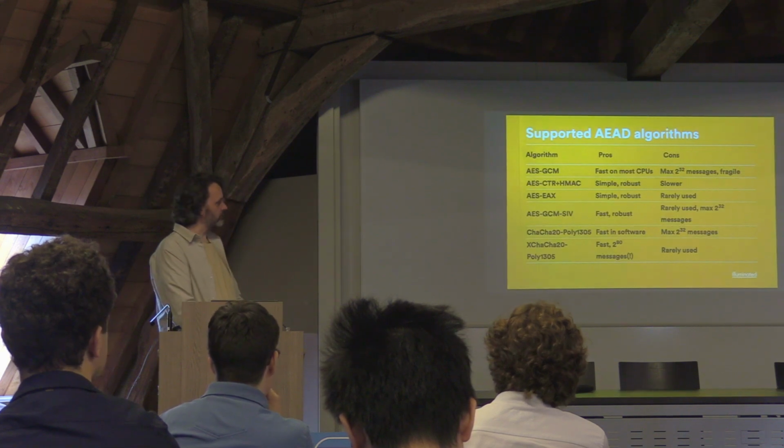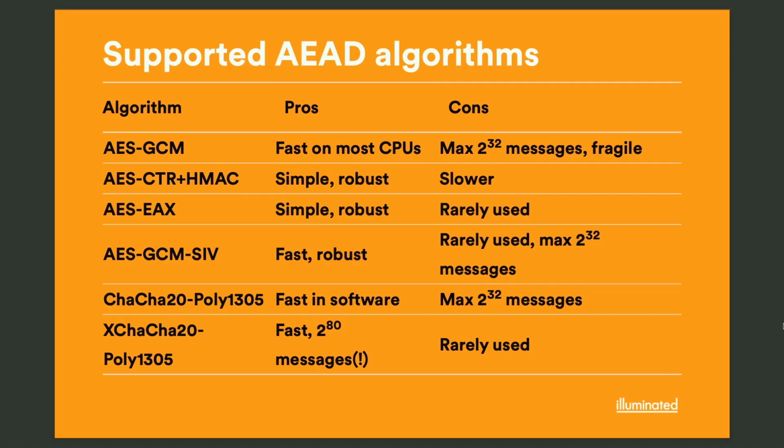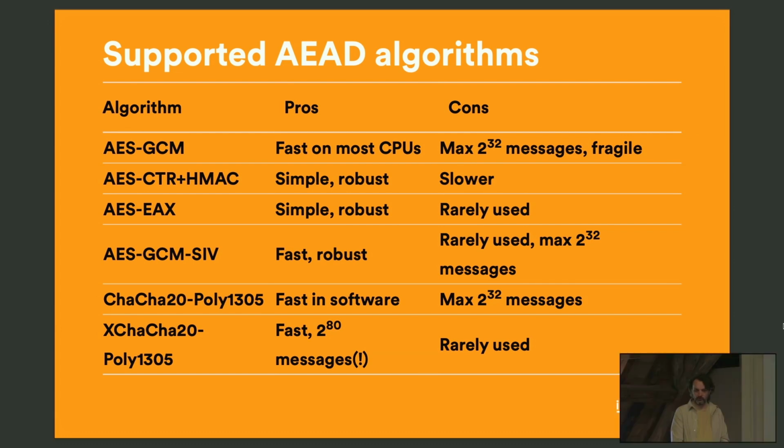So these are some of the algorithms that are supported. People like me who are into crypto can geek out on picking between different ones and the different trade-offs between them. But generally with Tink, what's nice is that they're all basically secure. There are some things like AES-GCM, Galois counter mode, we saw before. It has this thing that it's fragile.